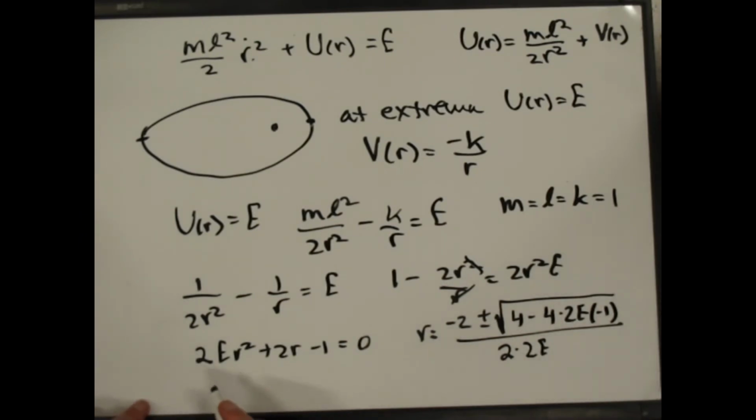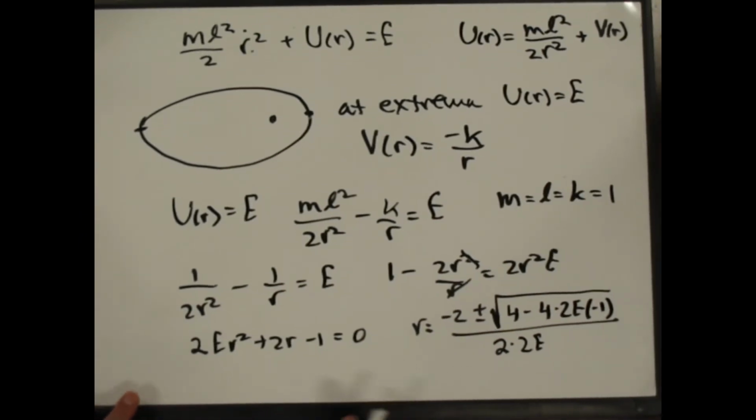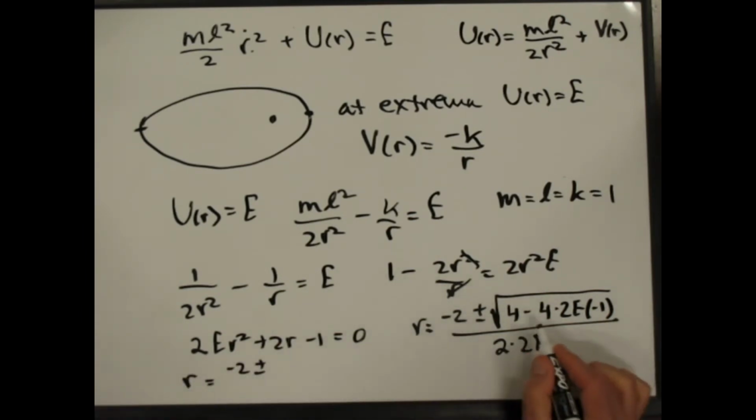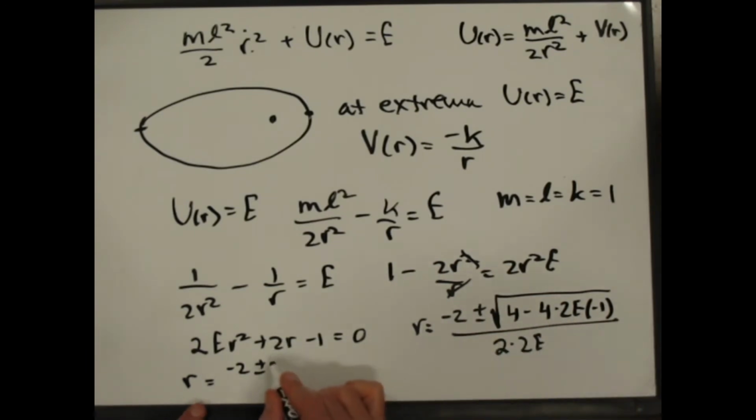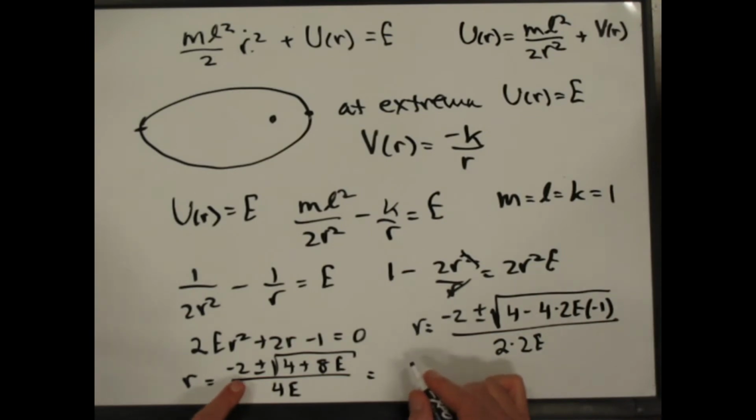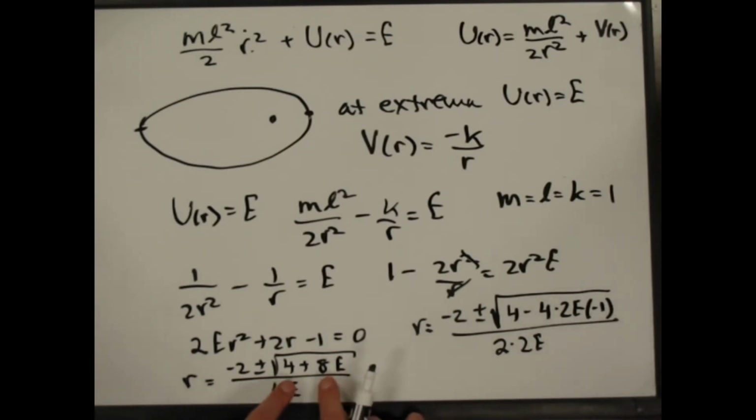If I simplify that, I get r equals negative 2 plus or minus the square root of 4 plus 8e, all over 4e. I'm going to pull a 4 out of the radical, and that'll put a 2 in front of it.